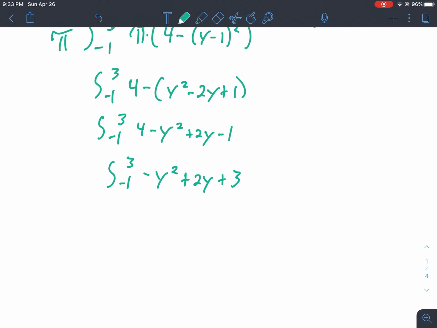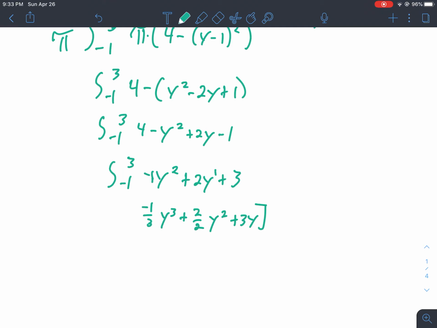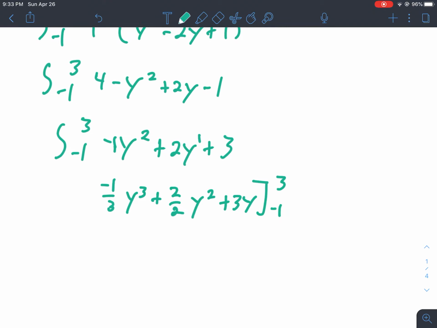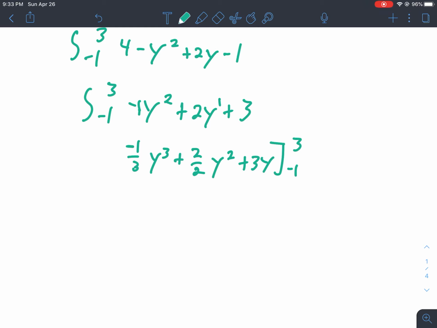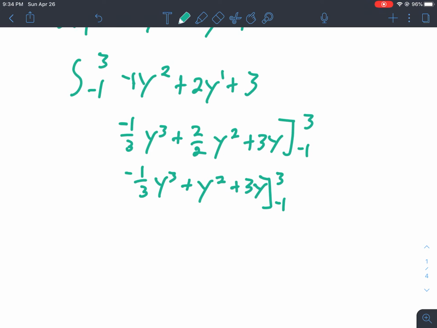Okay, so the antiderivative of -y squared is -1/3 y to the third, plus 2 over 2 y squared, plus 3y. So -1/3 y to the third plus y squared plus 3y, evaluated from -1 to 3.